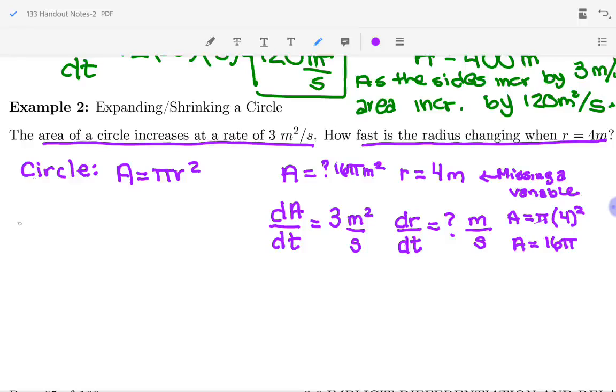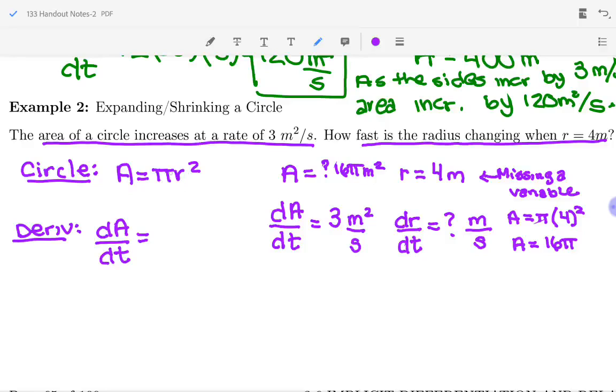So after we find our function and we write down our variables and our derivatives, now we can actually take the derivative of the function with respect to time. So everything's going to get a d something dt. Okay, so the derivative of 1A is 1 dA/dt. You can choose to write that 1 or not, because 1 dA/dt is just dA/dt.